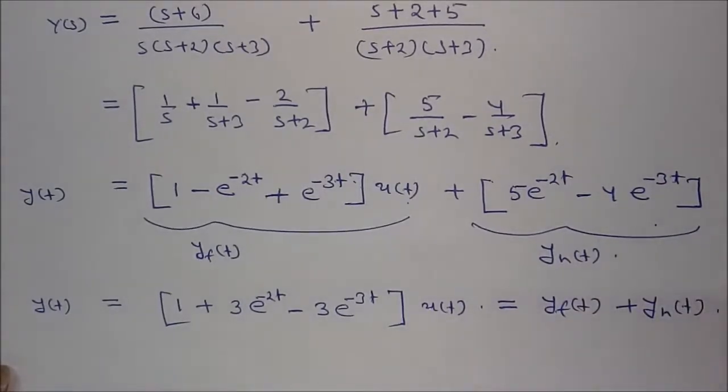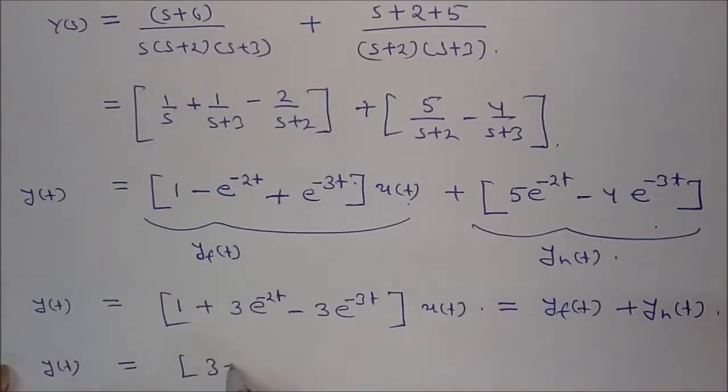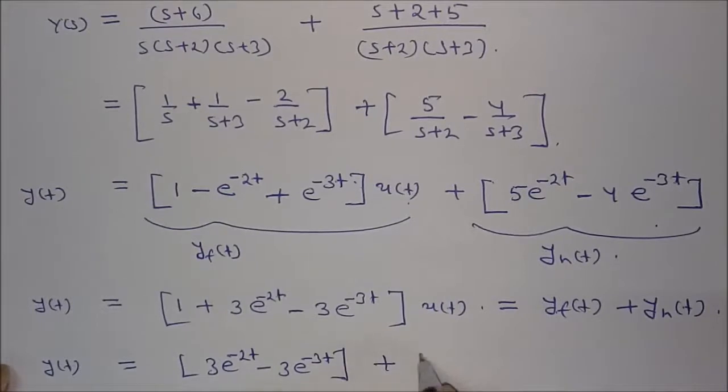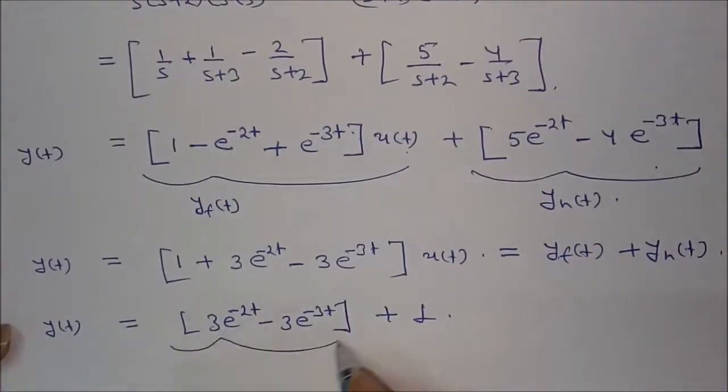Is it okay? y(t) can also be written as 3 e to the power minus 2t minus 3 e to the power minus 3t plus 1. This is known as transient response.